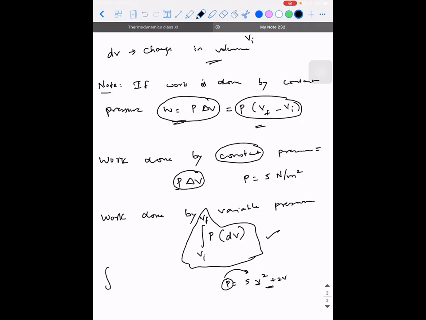If you want, I'll write it again: integral of P dV from V initial to V final. You can recollect the same concept from the previous chapter, the 10th chapter, where I would have used the same expression when explaining the derivation of Bernoulli's theorem. You can just revisit it.